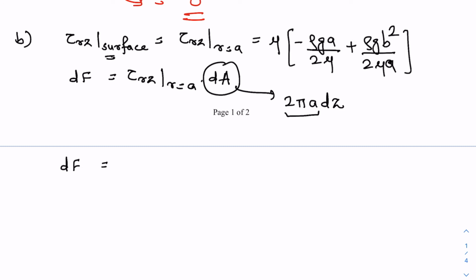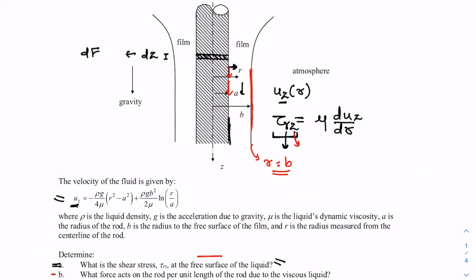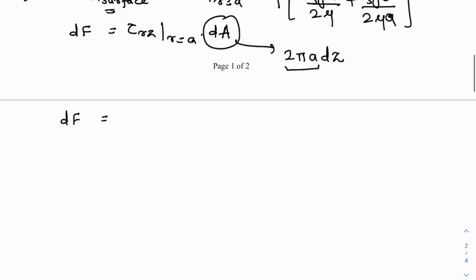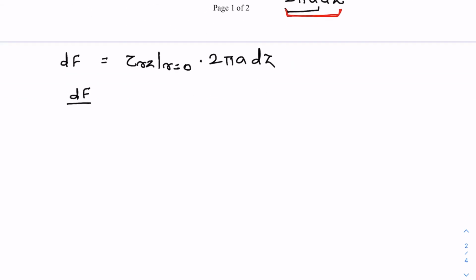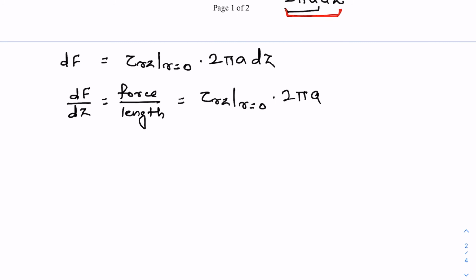So 2 pi a is the circumference of this circular area and dz is the thickness. So the total area is 2 pi a dz. Rewriting it again, tau rz at r equal to a times 2 pi a dz. Dividing both sides by dz, we get dF by dz, which is force per unit length, equal to tau rz at r equal to a multiplied by 2 pi a.